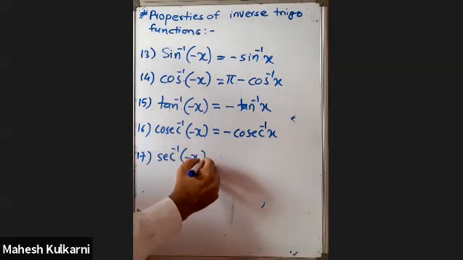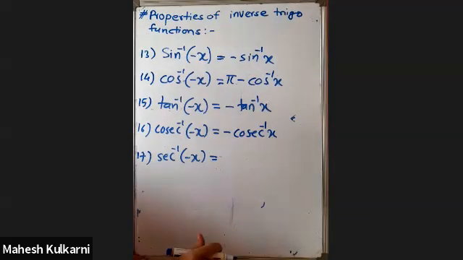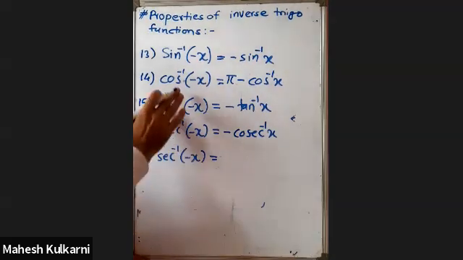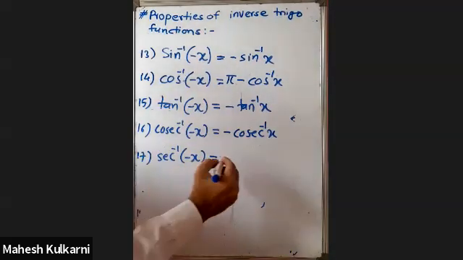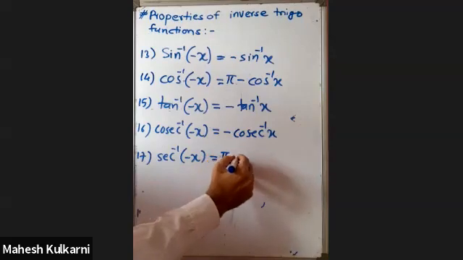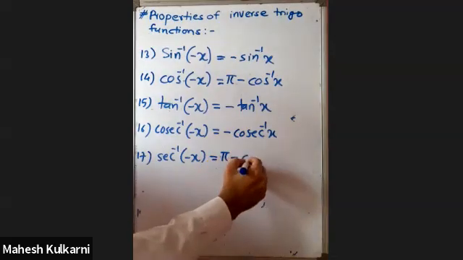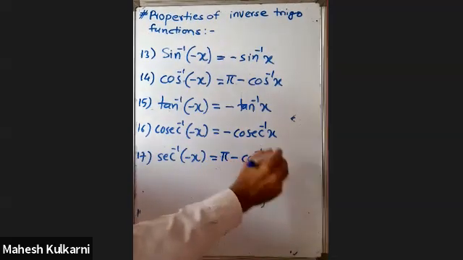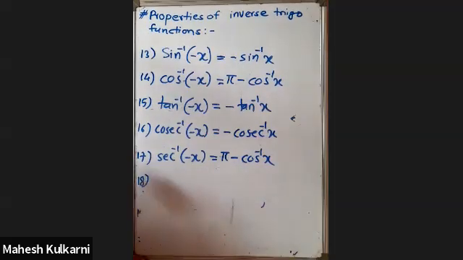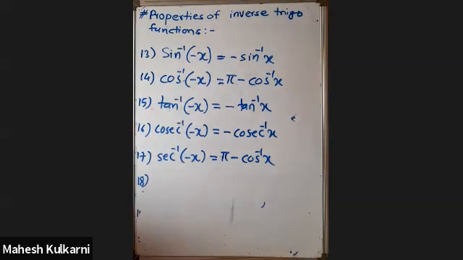Sec inverse of minus x. This property is similar to that of cos inverse, so here it should be pi minus sec inverse x. And similarly, you can write cot inverse of minus x.